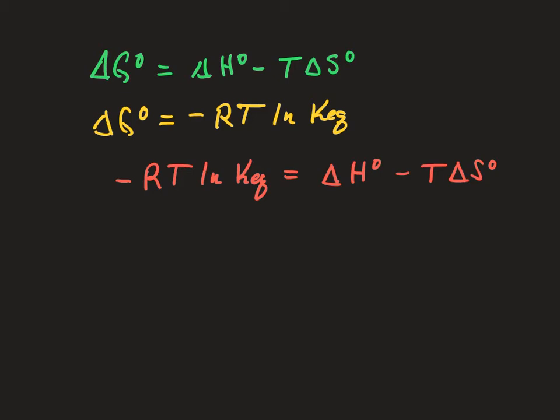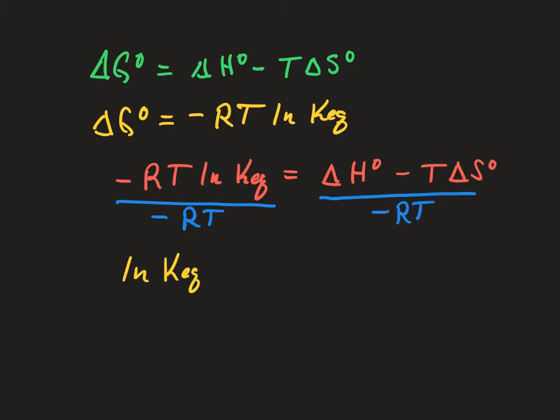Now, if we want to get temperature all on the same side, what we can do is divide both sides by minus RT, which is going to give us on the left just the natural log of the equilibrium constant.